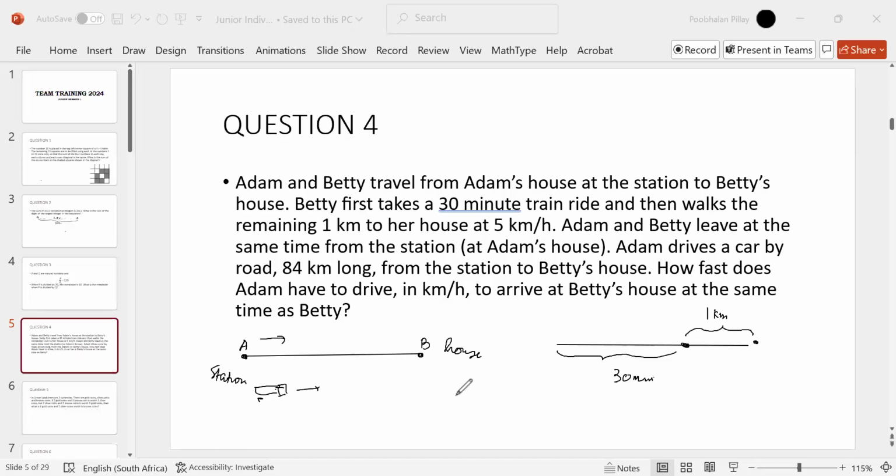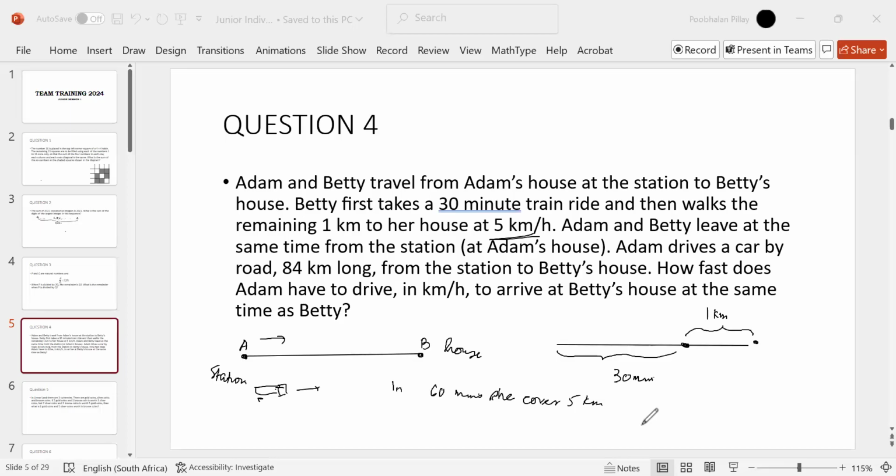So what does this mean? It means that in 1 hour, let's put it 60 minutes, in 60 minutes, she can cover 5 kilometers. That is what you mean by 5 kilometers per hour. Right? Very important. 5 kilometers in 1 hour. That means if she walks for 1 hour, she will cover 5 kilometers.